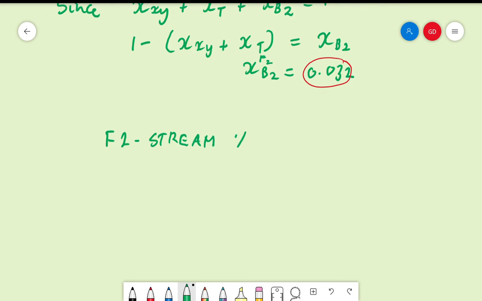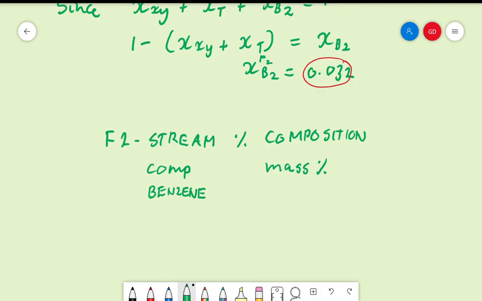composition or percentage composition, and you can write your components, and then you've got mass percentage. So here you've got benzene, toluene, and xylene.